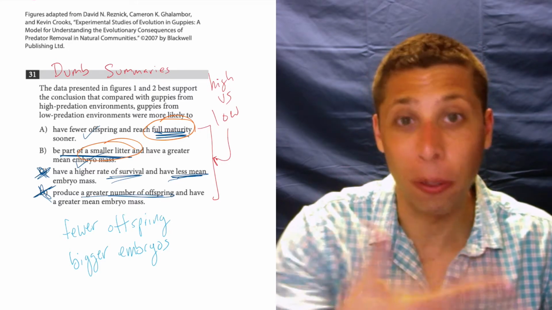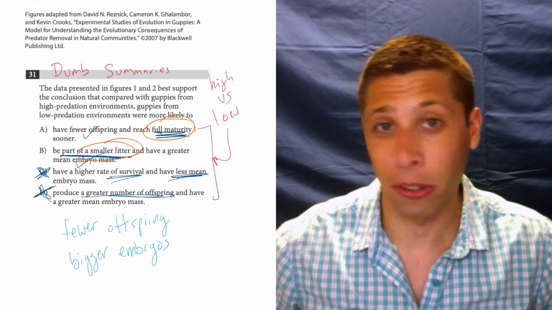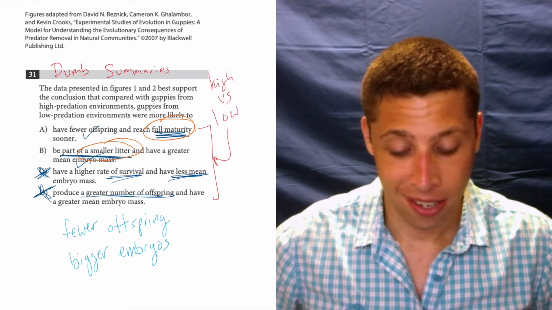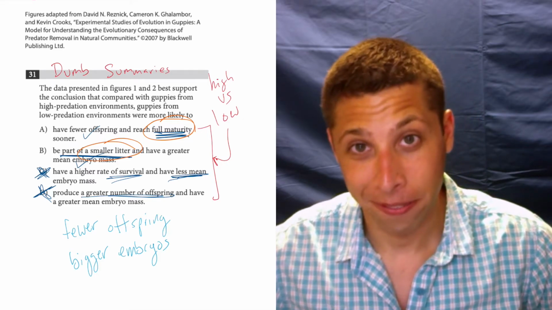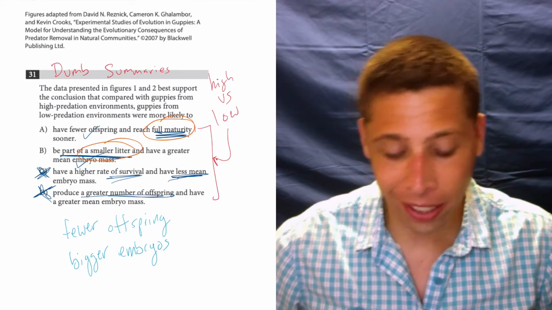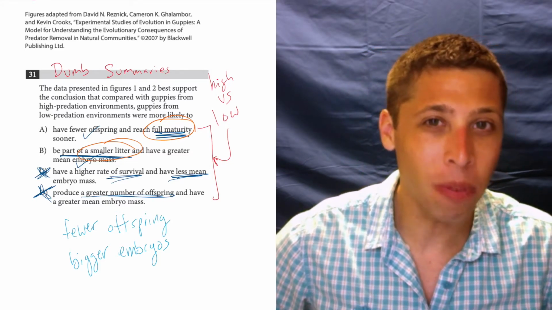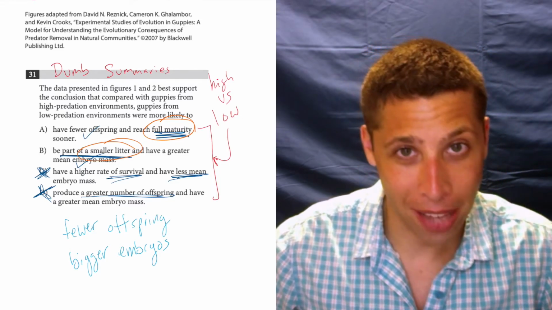They have multiple puppies, a litter of puppies. And so I guess guppies can have a litter as well. The point is, smaller fits better with fewer. And so even if you weren't quite sure that a litter had to do with offspring, at least we've gotten the right direction, right? Smaller and fewer, those kind of match.